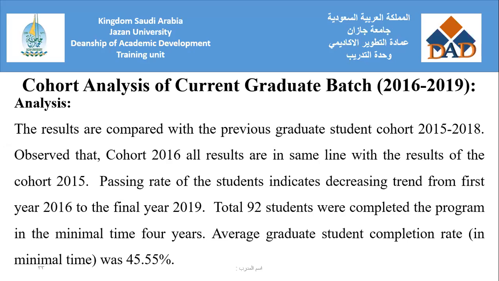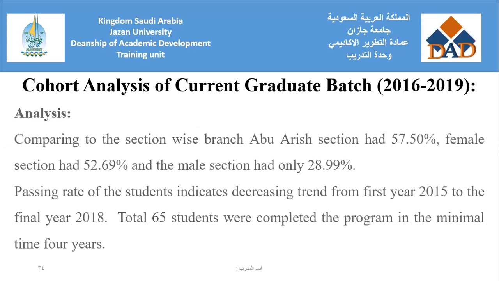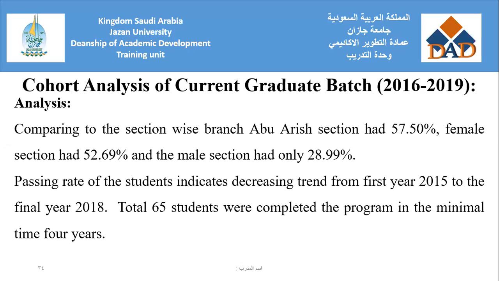So the average graduate student completion rate in minimal time was 45.55 percent. Analyzing section-wise, the branch section had a higher 57.50% graduation rate, the female section had 52, and the male section had 28.99 percent. Whereas the passing rate of the students in the 2015 batch indicates a decreasing trend from the first year, 2015, to the final year, 2018.